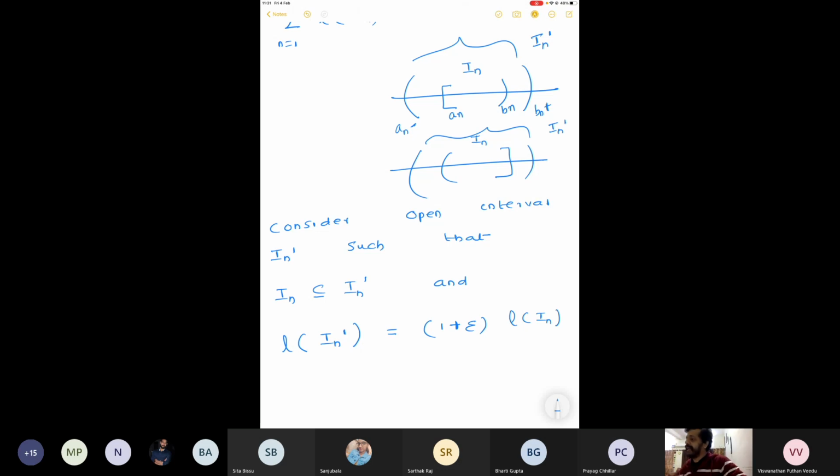You should adjust epsilon_1 and epsilon_2 such that the total length of I_n' is the length of I_n plus epsilon times the length of I_n. So what should I take? Can I take a_n minus epsilon times the length of I_n by 2 and b_n plus epsilon times the length of I_n by 2? Suppose I take it like this, then what will be the length of I_n'?